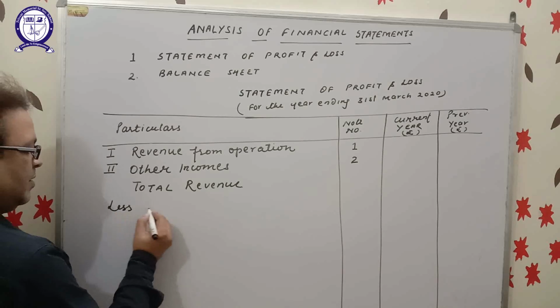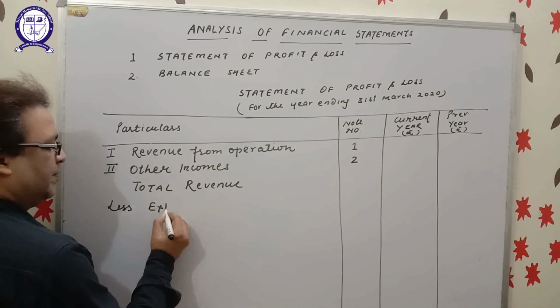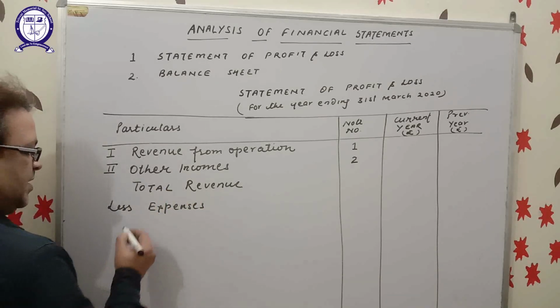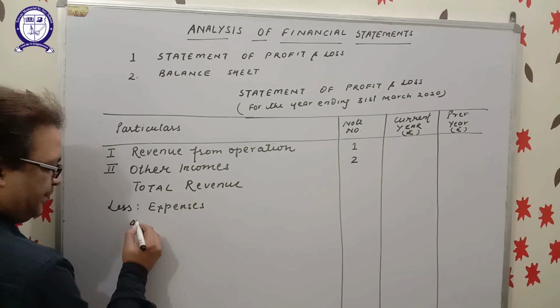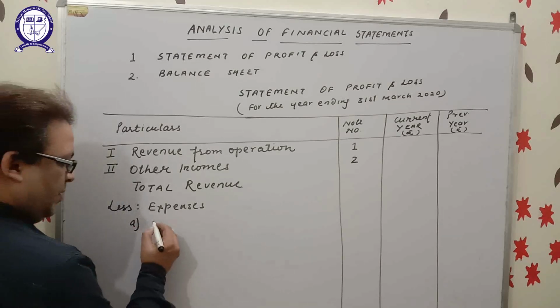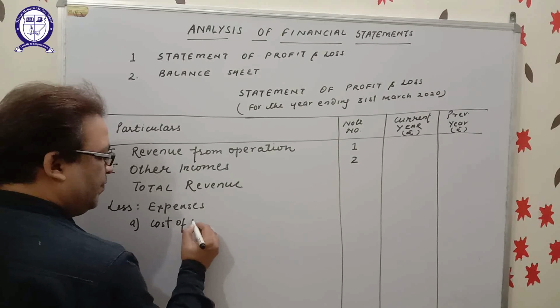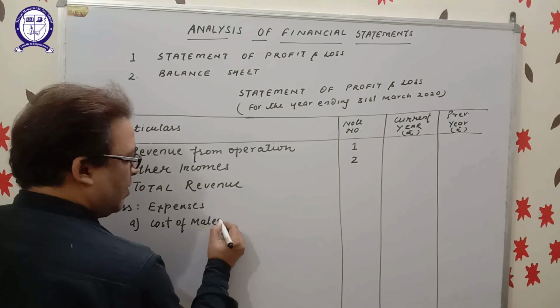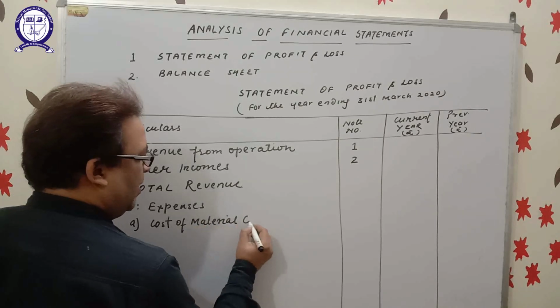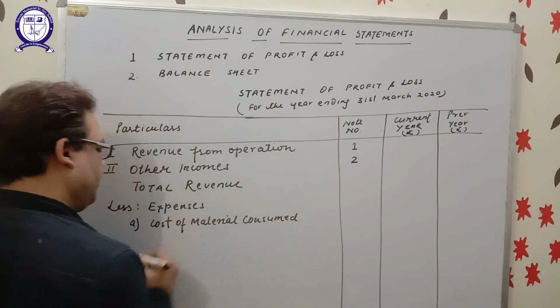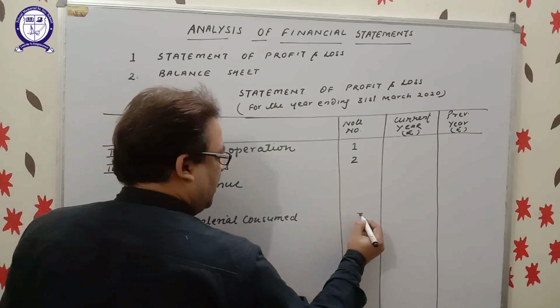Less expenses. Number 1, cost of material consumed, note number 3.